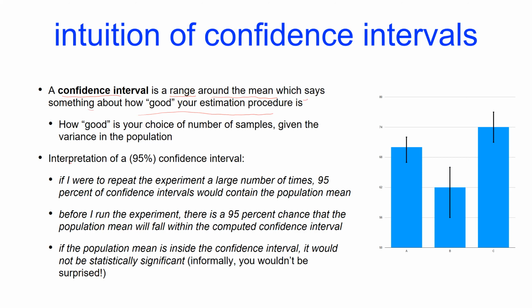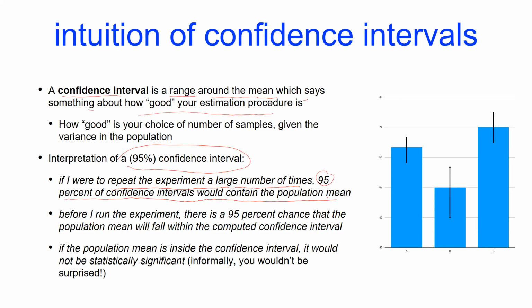For example, if I want to claim a 95% confidence interval, that may indicate a couple of things. If I repeat the experiment a large number of times, 95% of the confidence intervals would contain the population mean. Try to think about it.